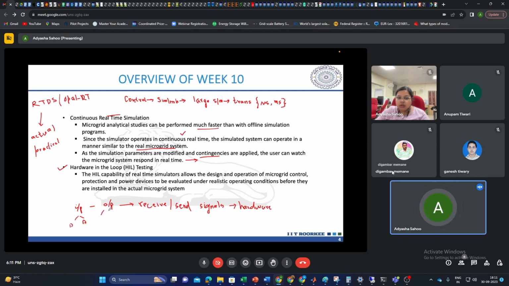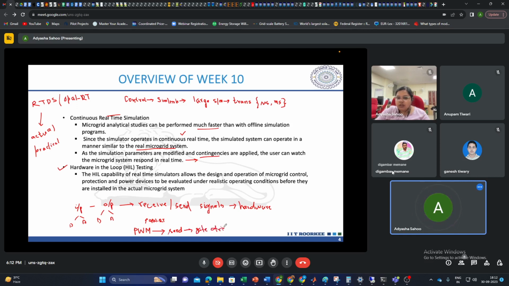If you remember, while demonstrating all this, PV, wind, cell balancing, we were calculating some PWM signal, like for the cell balancing, and this was done in the OPAL-RT platform. The PWM pulses that we received, we were sending to the actual hardware, that was the gate driver circuit.